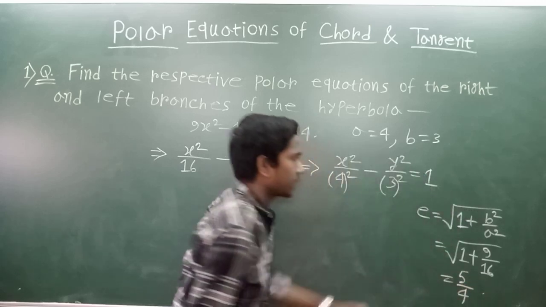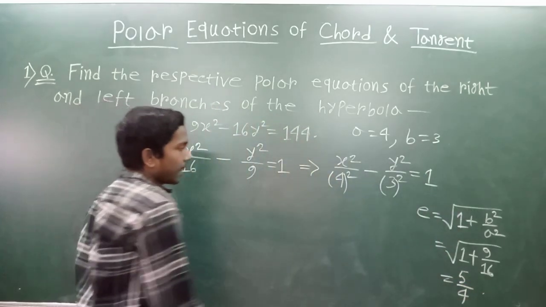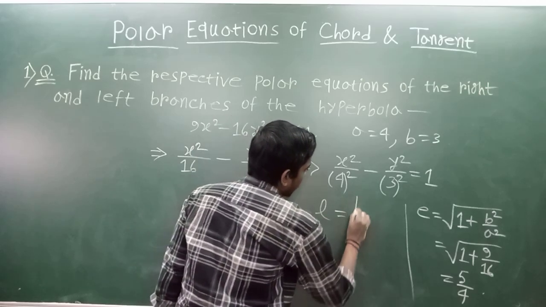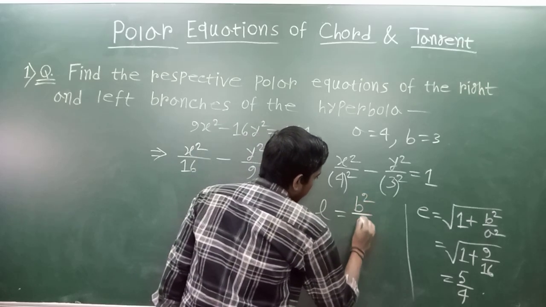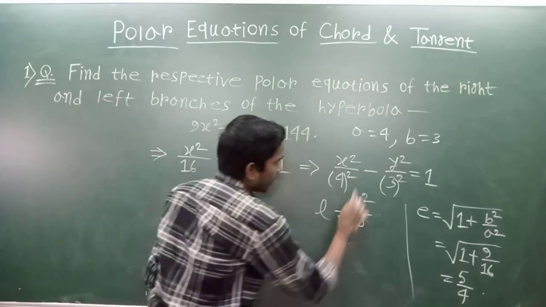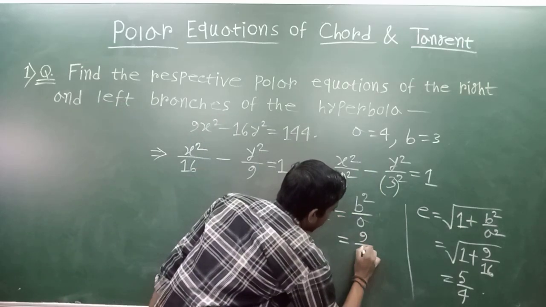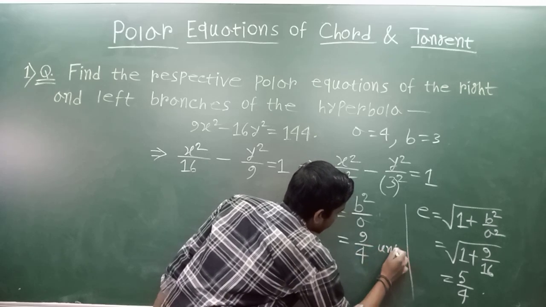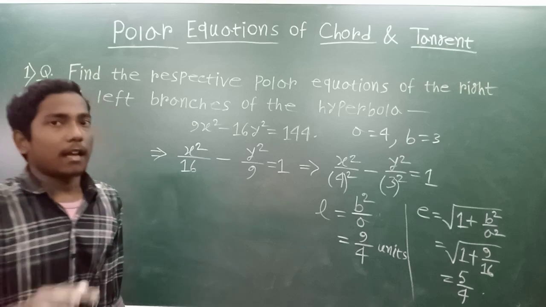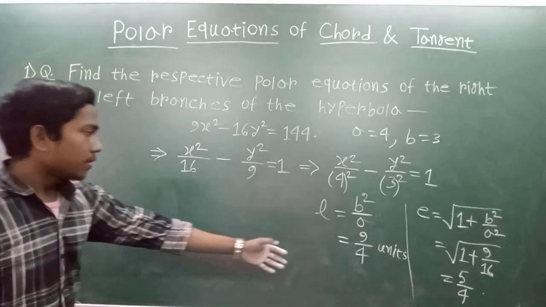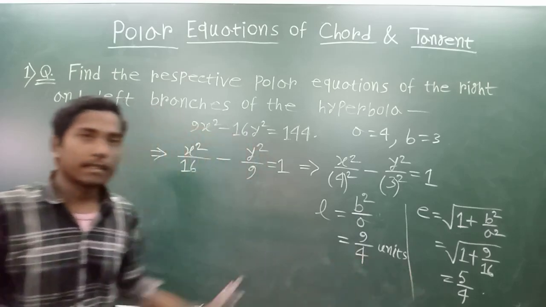This is the eccentricity of the hyperbola. And the length of semilatus rectum, small l, is given as b square by a units, that is equal to 9 by 4 units. Don't worry, I'll bring a separate video series on conic section also. So this is the eccentricity and this is the length of semilatus rectum.